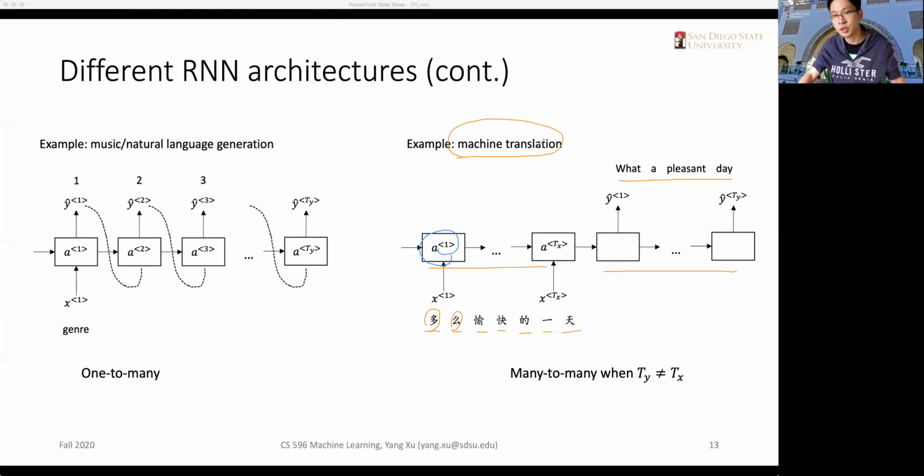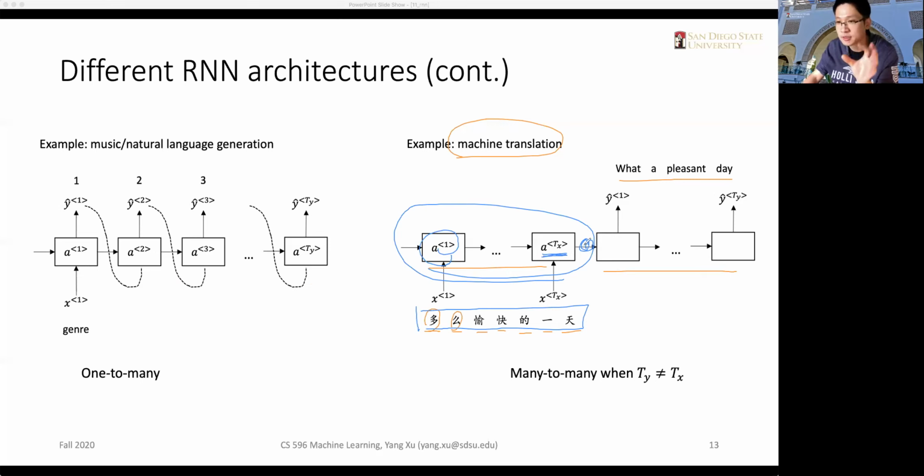There are basically 2 steps involved. On the left, this is the encoding step. You can think of it as a many-to-one encoding step, because it summarizes all the 7 characters in this sentence into one condensed representation, this activation at Tx. This is the condensed representation of the source sentence.